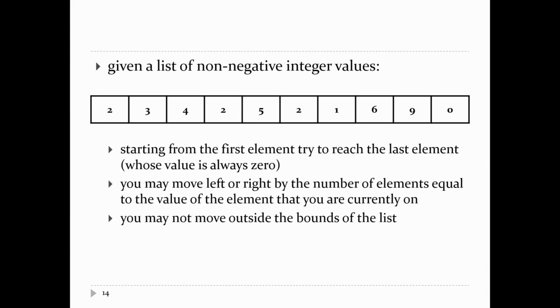When you move, you're not allowed to fall off the board. So this says you can move 2 squares to the right. It also says you can move 2 squares to the left, but if I try to move left, I fall off the board, so that's not a legal move. 3 means I can move 3 squares to the right, or I can try to move 3 squares left, but that's not a legal move either. And so on and so forth.